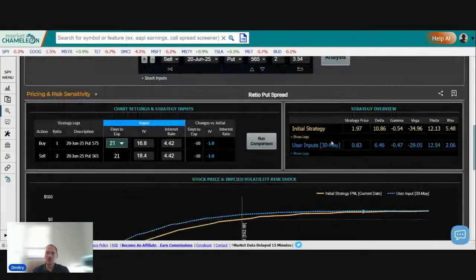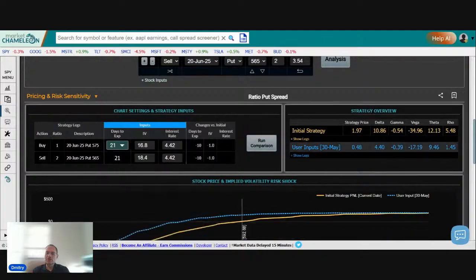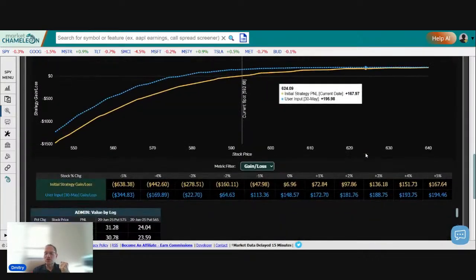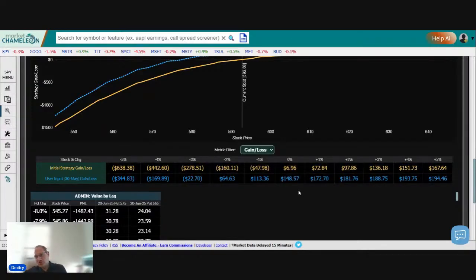Let's see how that changes when we now move down one vol click. So here you see that now the position would be worth 48 cents with everything unchanged. So that translates to a bigger gain, right? Because now if you sold it for X amount and you're buying it back cheaper, that's a bigger profit.